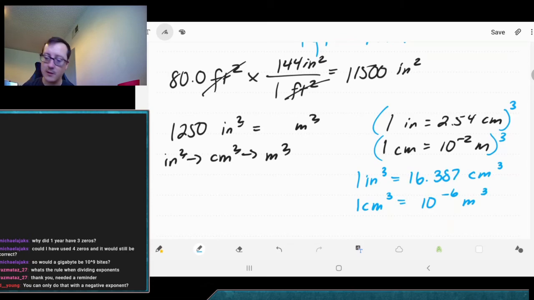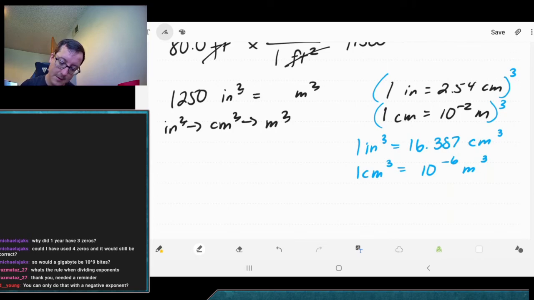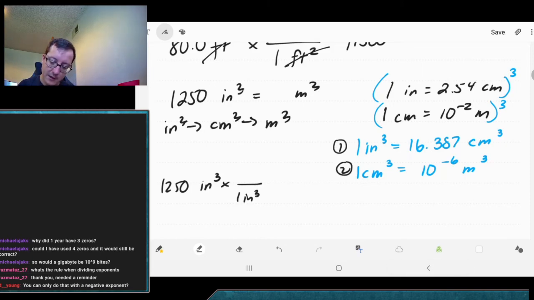And now we can use those. Again, I'm going to go quickly through this, but it's really the same idea. So if you've got square units, you'll want to square your conversion factors. If you've got cubic units, you'll want to cube your conversion factors as necessary. So 1250 inches cubed times 1 inch cubed. I'm using these two conversion factors. 16.387 centimeters cubed.